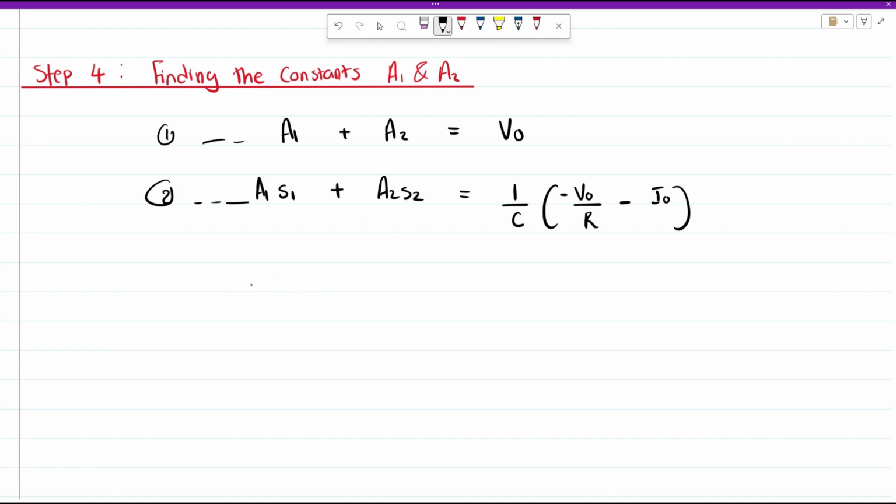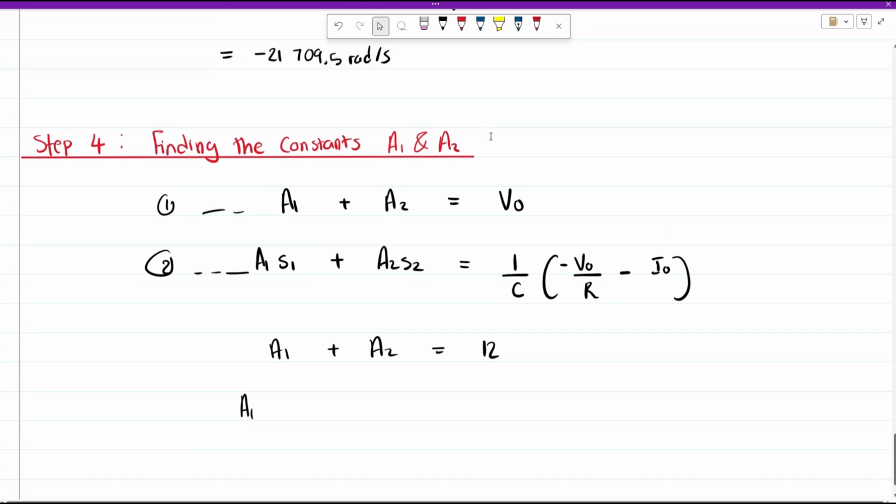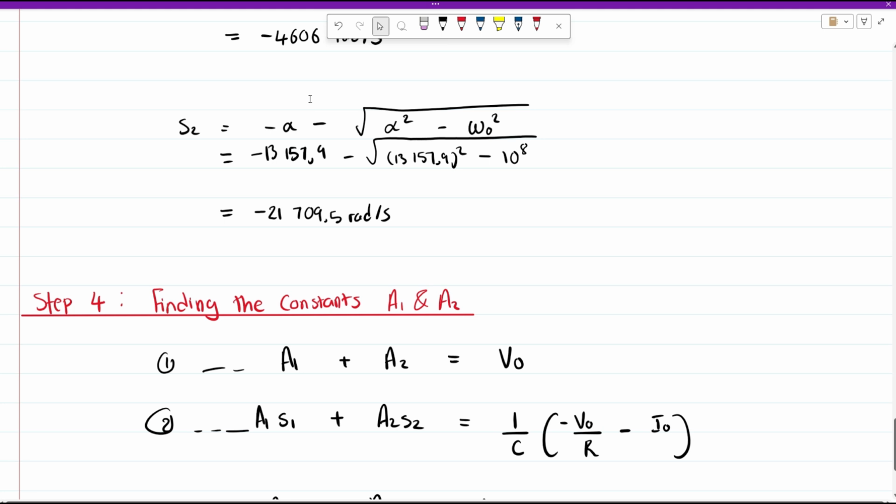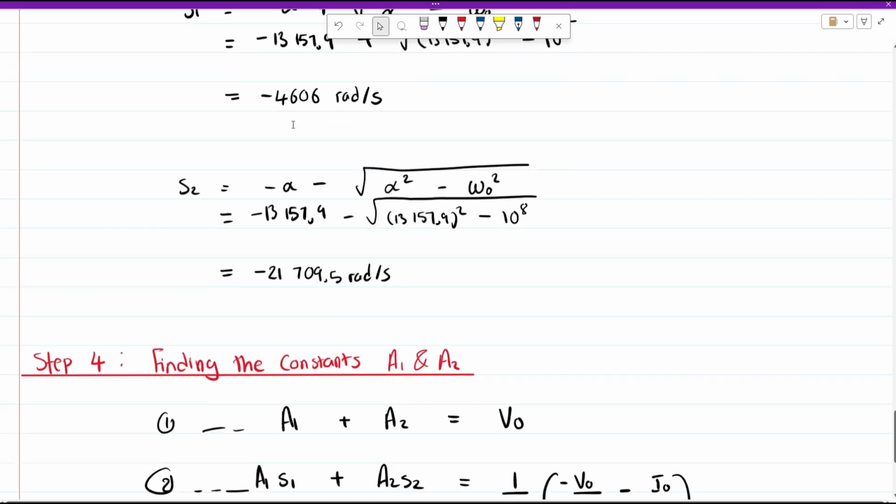So let's start with the first equation. A1 plus A2 is equal to the initial capacitor voltage, which is 12. Then we move on to the second equation and substitute everything that we have. We have S1, which we found previously, which is minus 4,606.